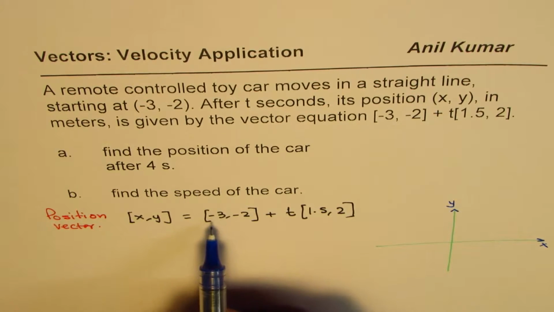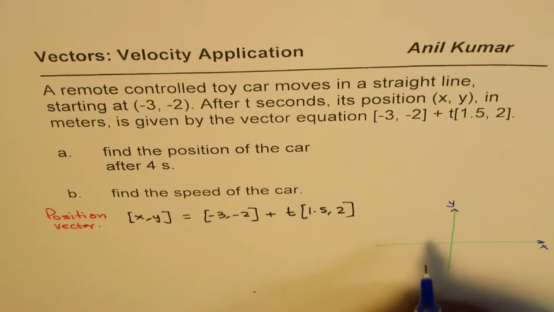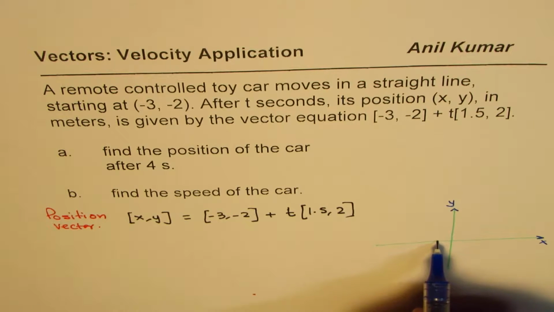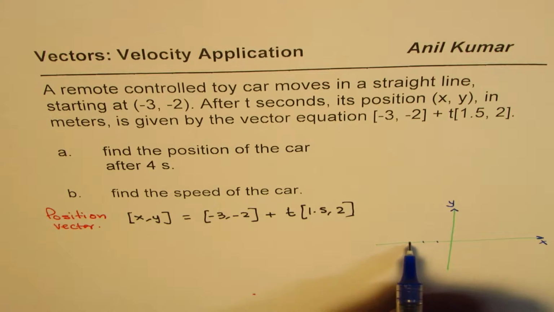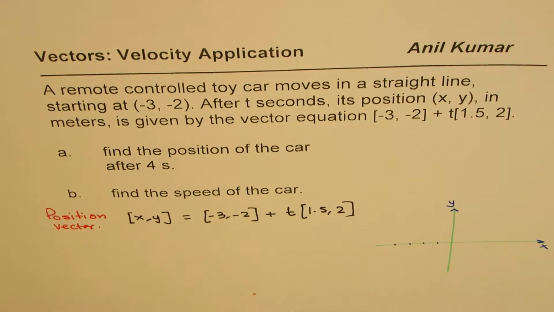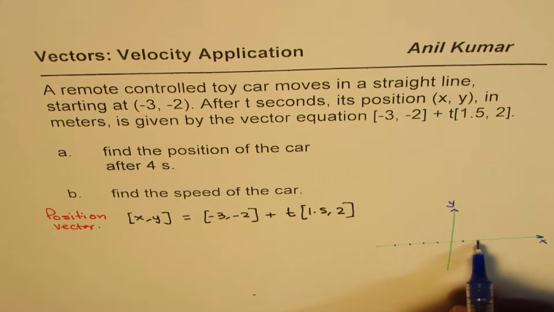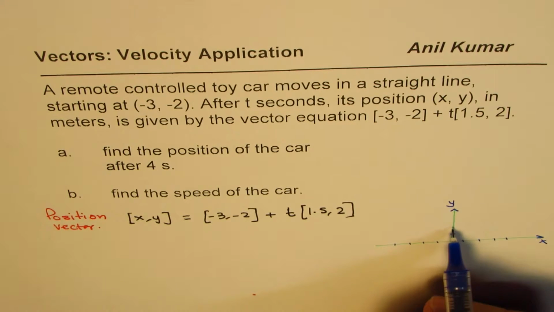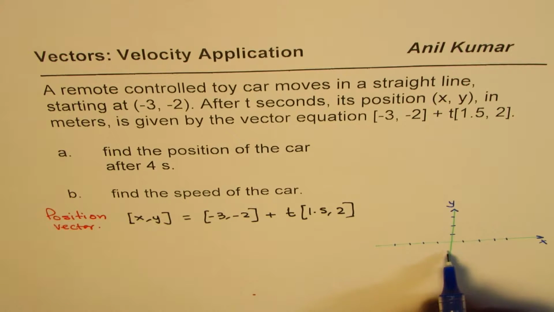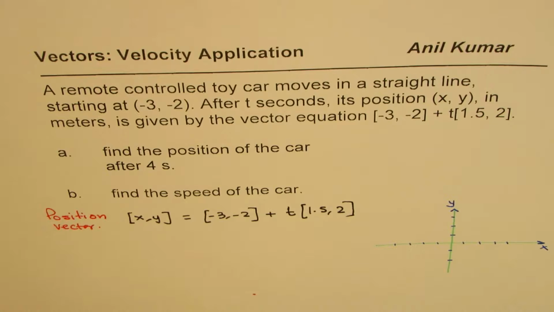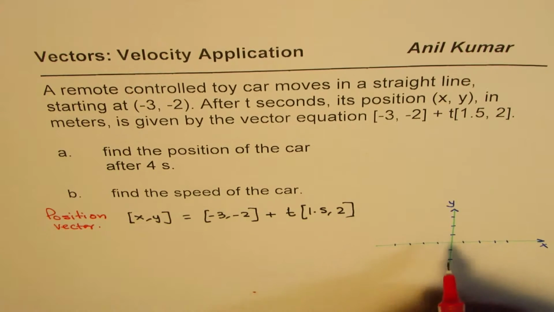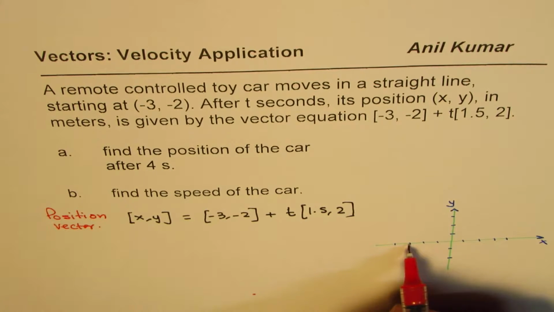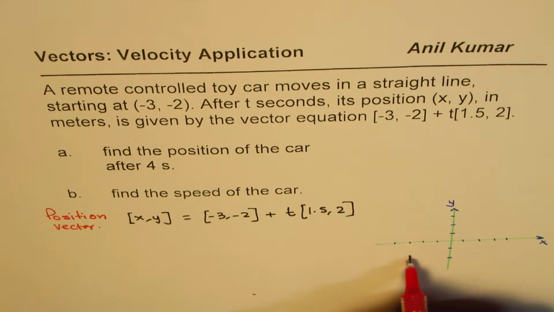Now when I'm saying that position is (-3, -2), let's say this is +1, +2, +3, +4, and this is -1, -2. Now the starting point is (-3, -2). That means 1, 2, 3, -3, and -2. So we get this position.